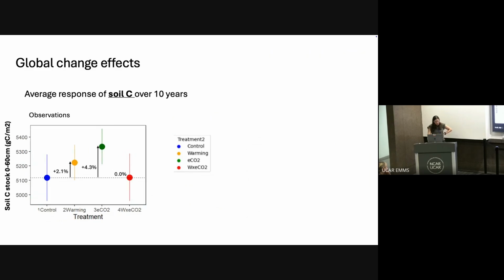Okay, and then finally the soil. So soil responses in the observations are weaker, as you can see, which is not surprising, right? The soil generally responds less strongly than plants. But you can also see that there's a slight increase with warming and elevated CO2, and then really no response when you put them together. So this is a really strong synergistic effect. Okay, if we look at the models.